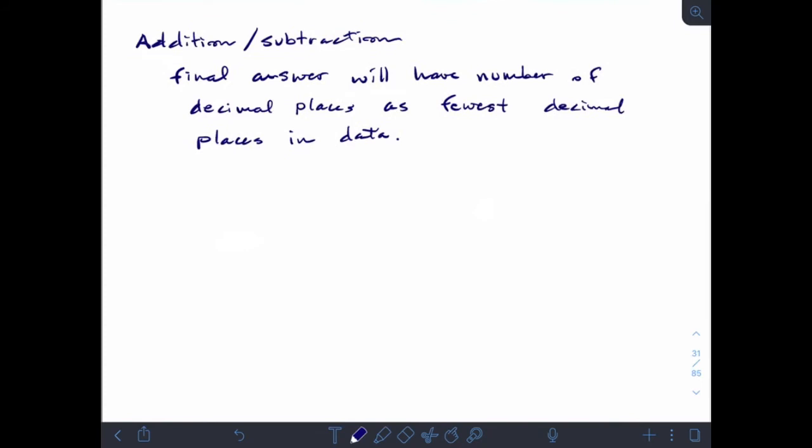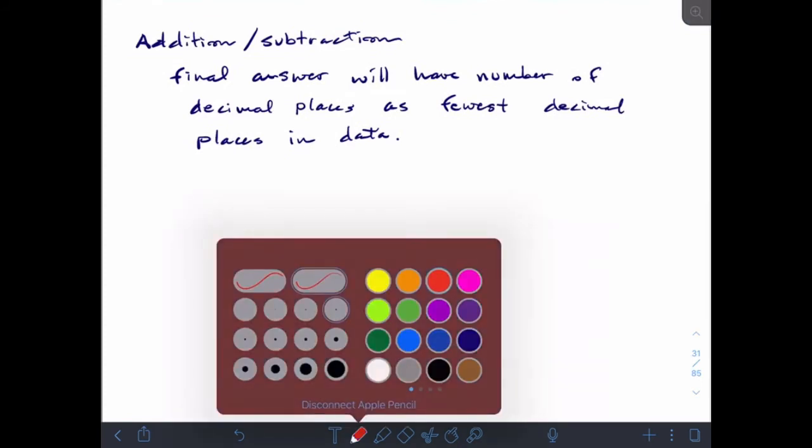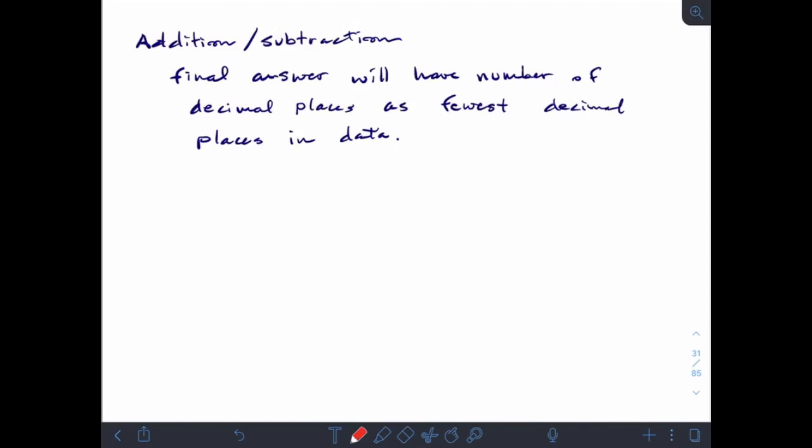So if I take 2 numbers, say 5.94 plus 6.366, right? This number has 2 decimal places, that 0.94.